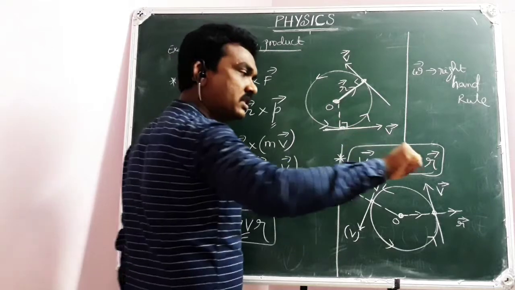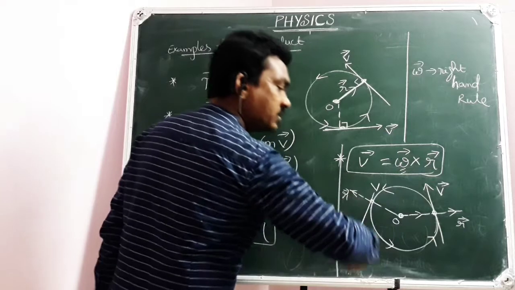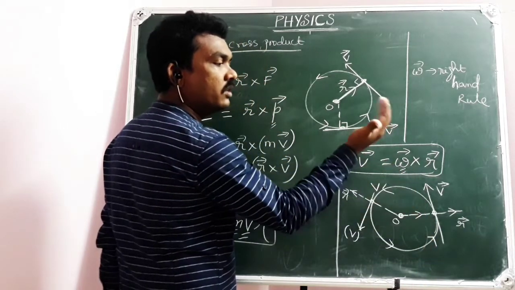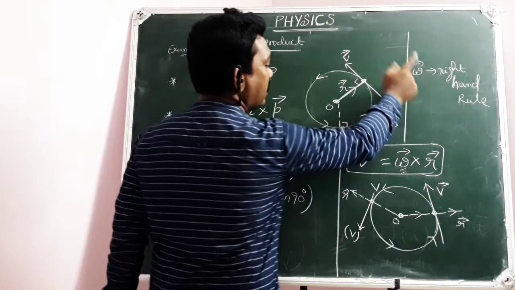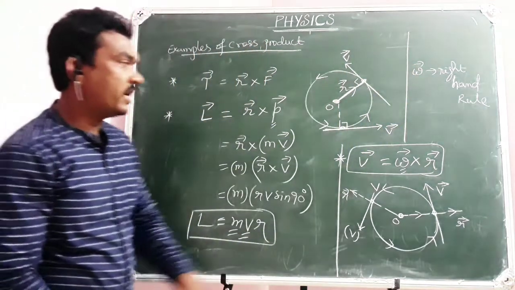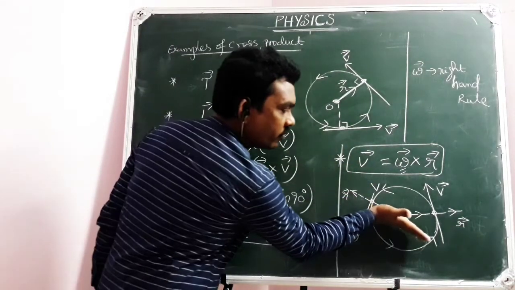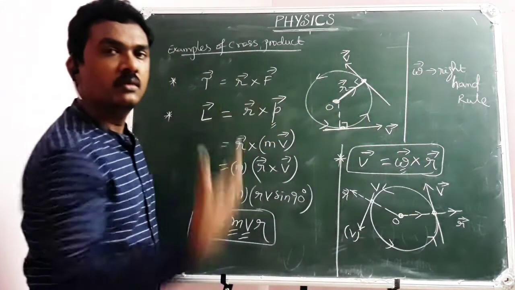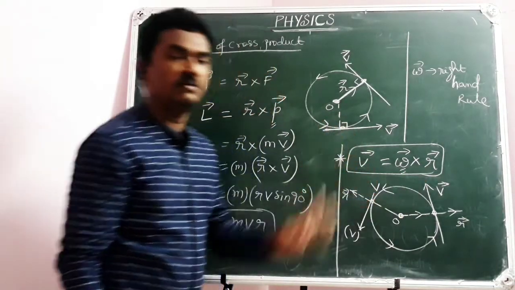Then the direction of angular velocity will be into the plane. If the particle rotates anti-clockwise, then curl the fingers of your right hand, and the thumb indicates the direction of angular velocity. So the direction of angular velocity will be given by the right hand rule. So this omega bar cross R bar will give V bar.